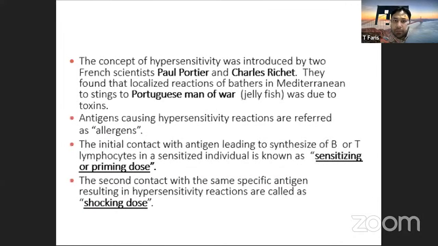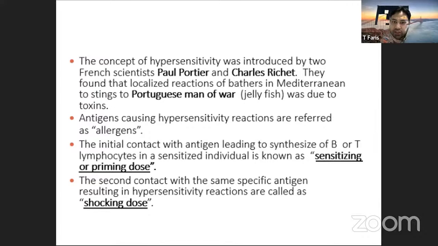The concept of hypersensitivity was introduced by two French scientists called Paul Portier and Charles Richet. They found that the localized reactions of bathers in the Mediterranean to stings from the Portuguese man of war, which we call the jellyfish, were due to a toxin.